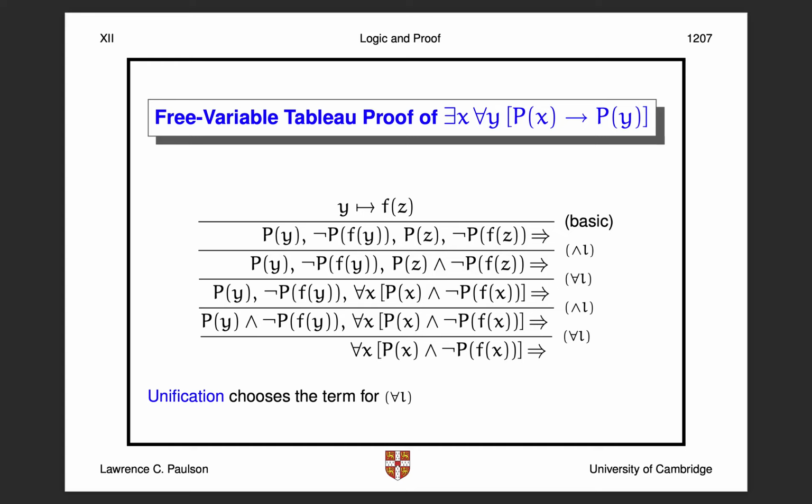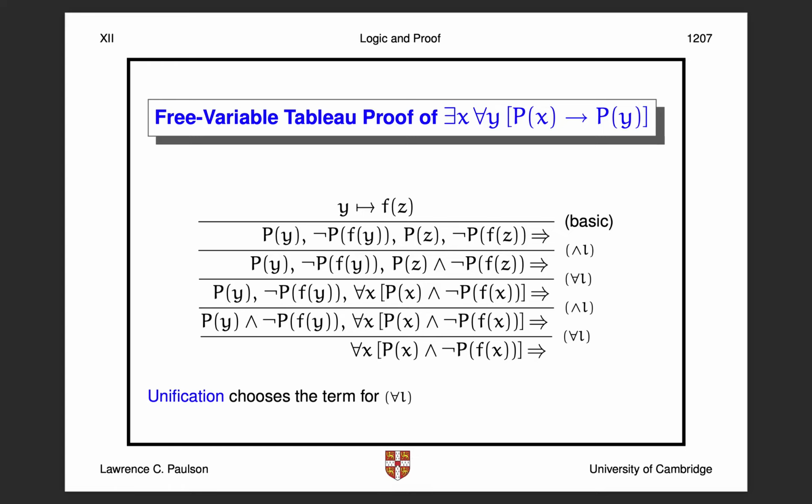Now, in case you're confused by remarks I made about the scopes of variables in clauses in resolution, you might ask, what is the scope of y here? And I'm afraid the scope of y is the entire sequent. So these are definitely the same y, and the occurs check is indeed correct. That is to say, we cannot unify those two. There is no contradiction between p y and not p of f of y.